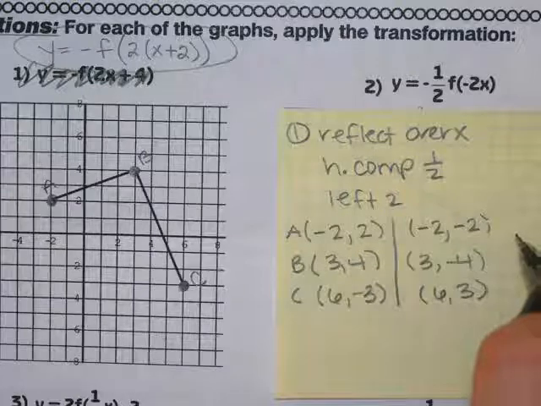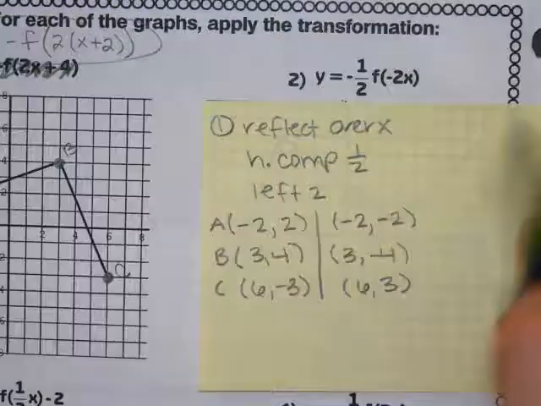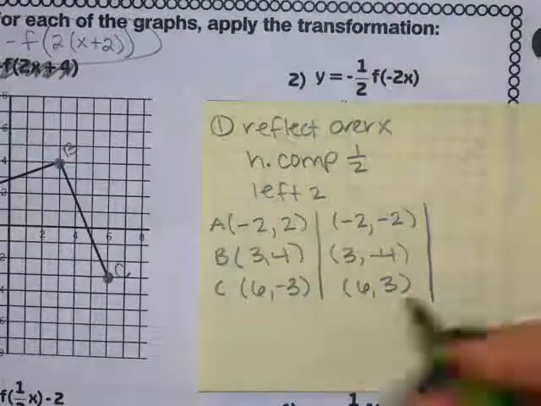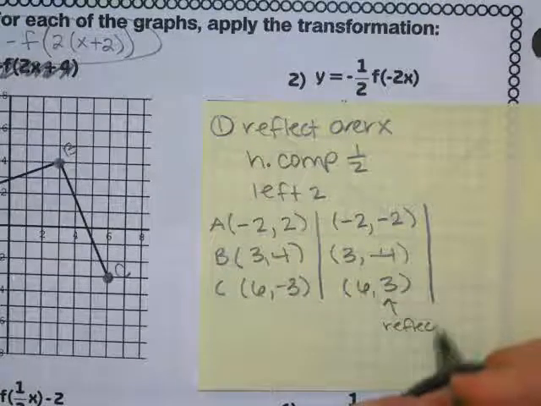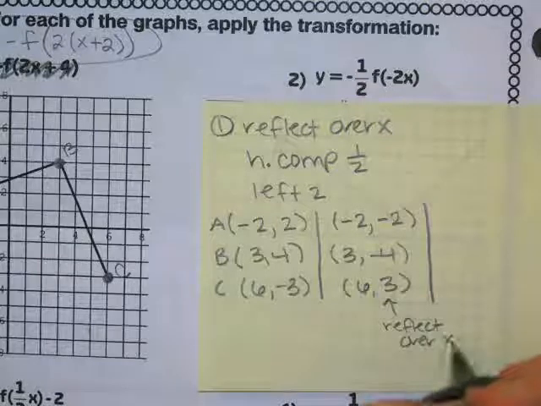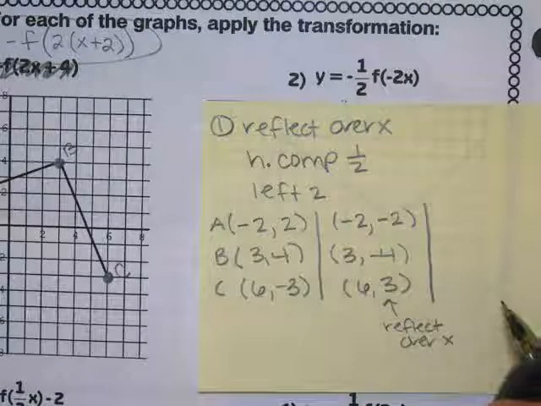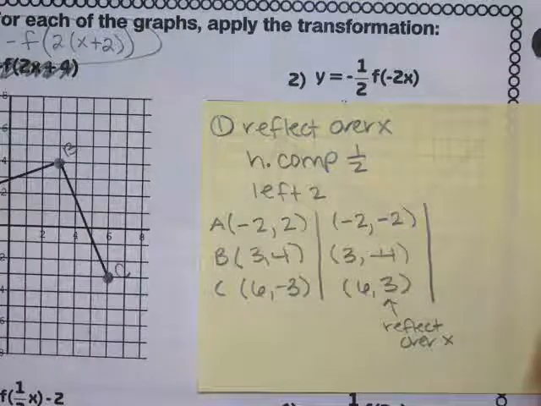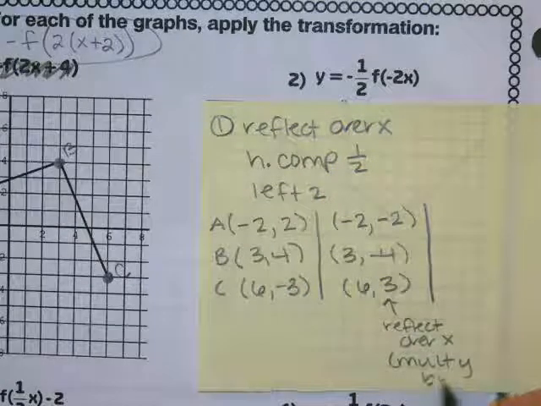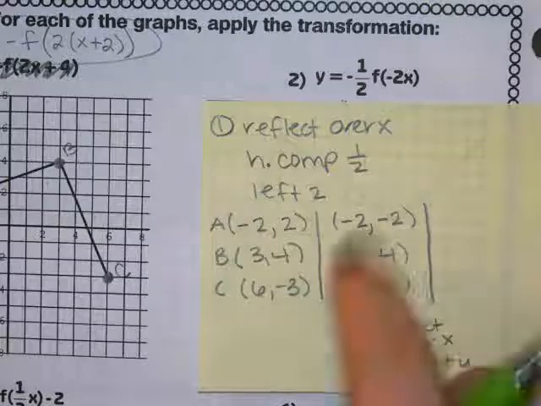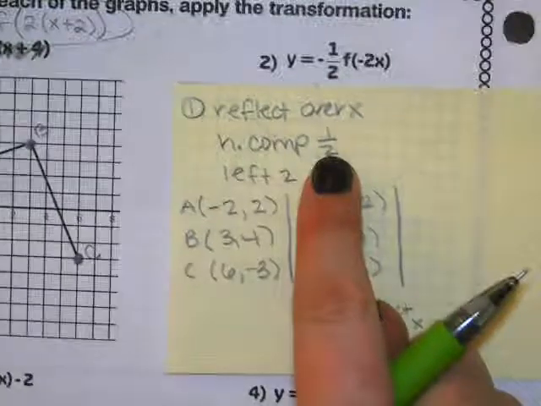All right. Horizontal compression means do what? Is it to the x or to the y? To the x. To the x, and what are we going to do? Yeah, so we're going to take all the x values and we're going to multiply them by 1/2.